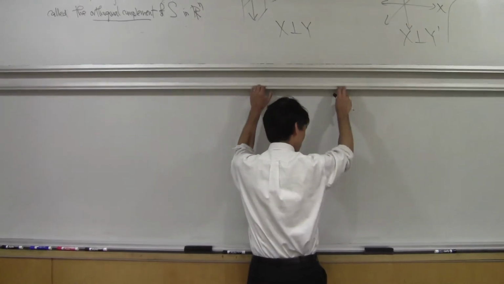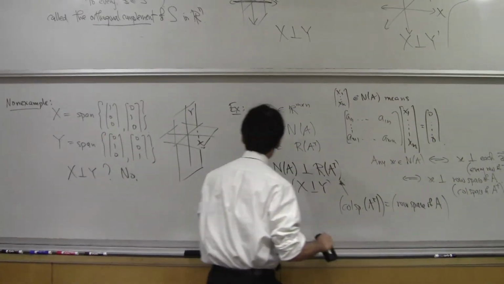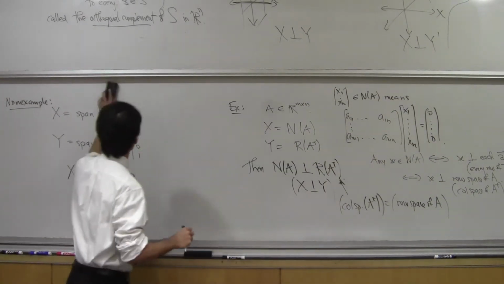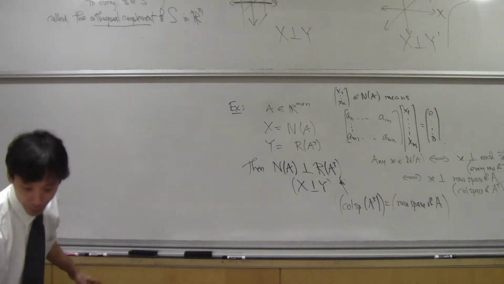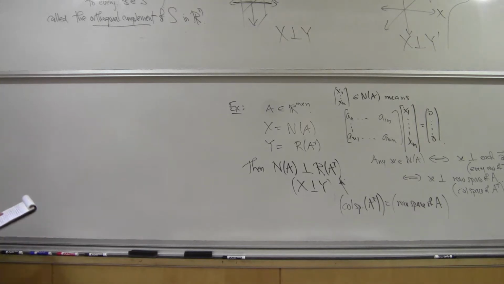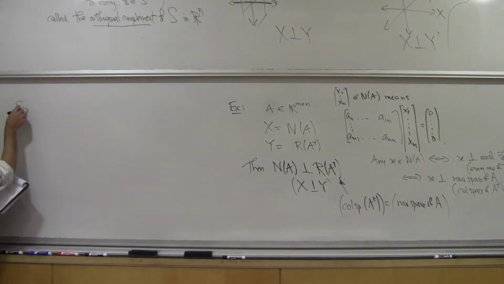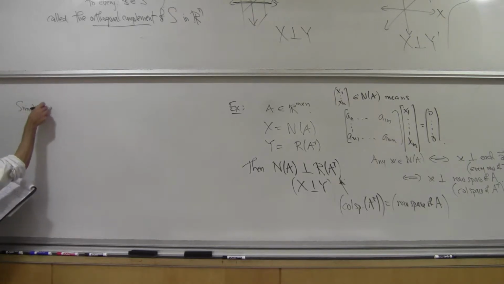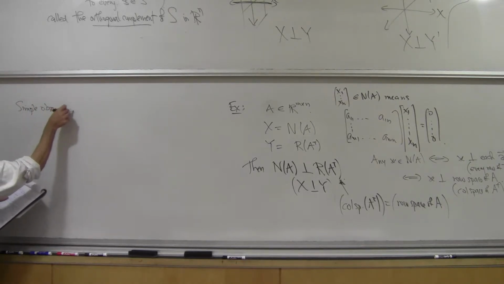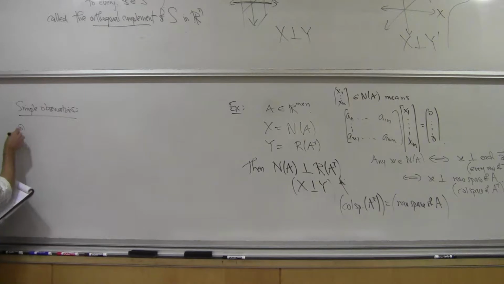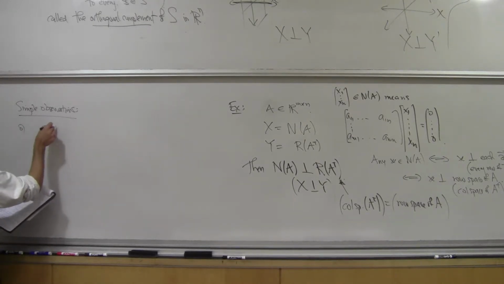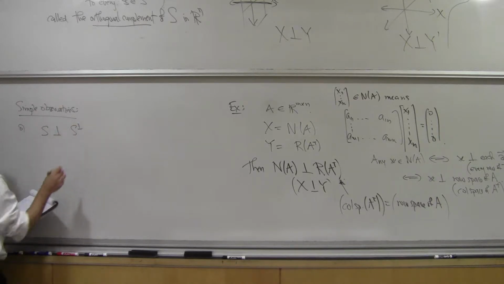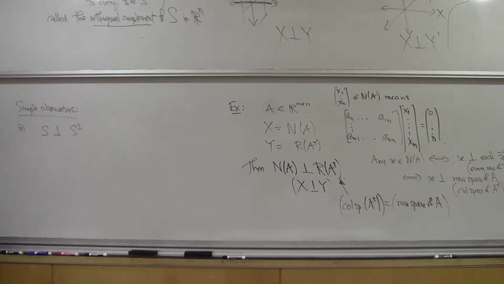A second set of questions. Actually, let me work up to that. So, some simple observations. Observation 0 is that S and S perp are orthogonal to each other.